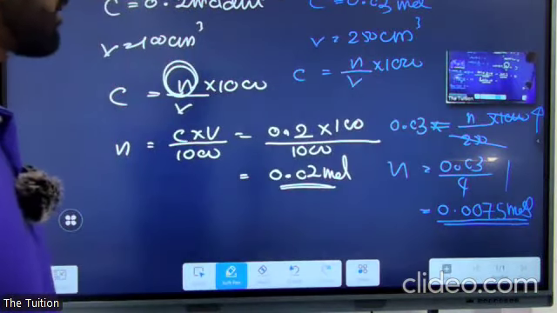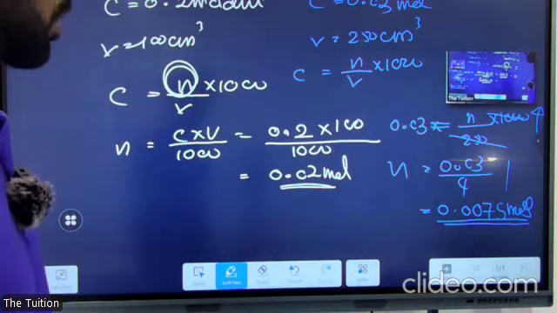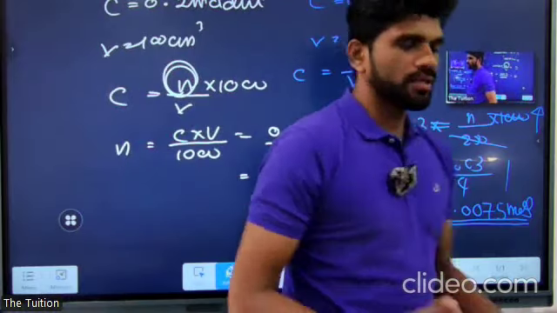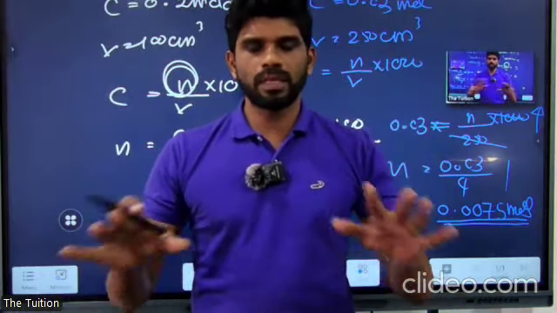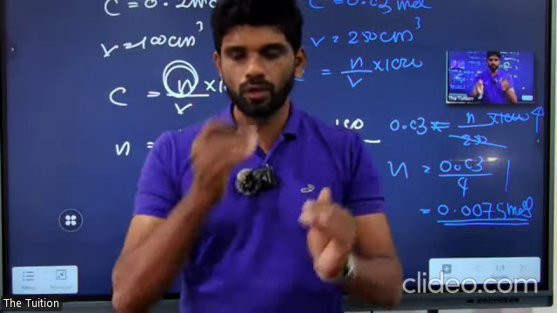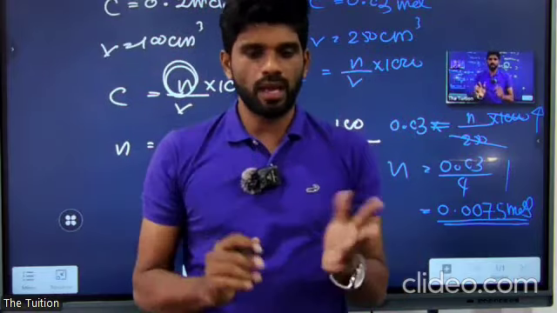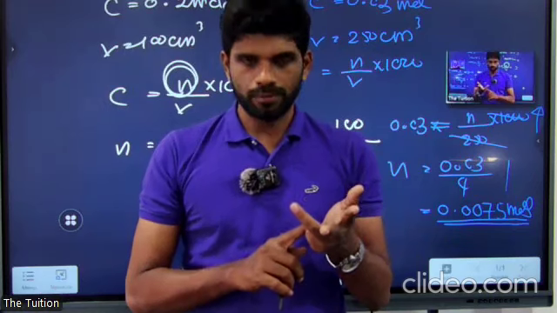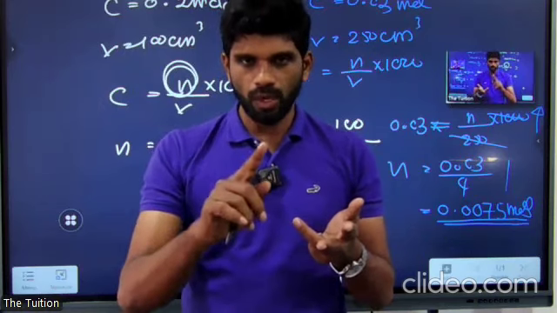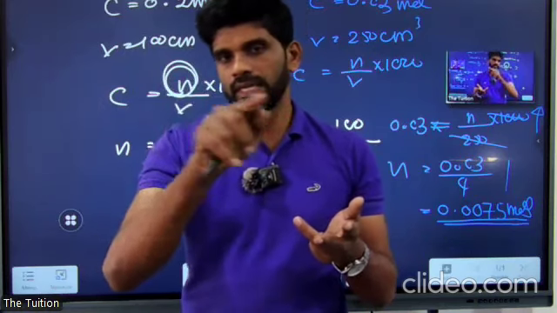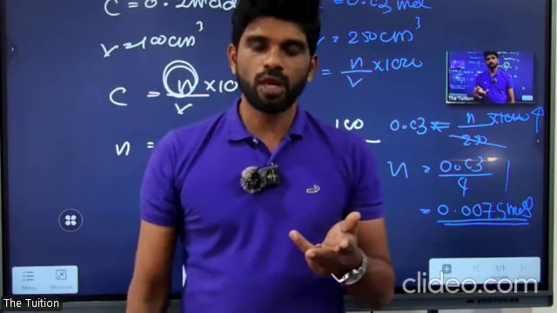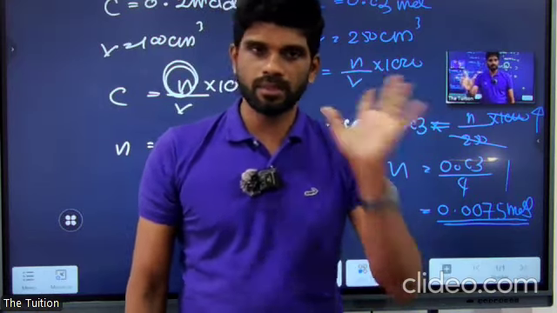Right? I think you have got a clear idea regarding concentration and mole. Remember, if you are asked for a concentration, moles or volume, there are two equations. C means concentration, equal N means mole, divided by V means volume, but the volume should be given in cubic decimeter.